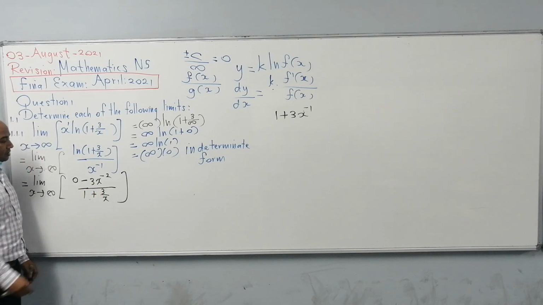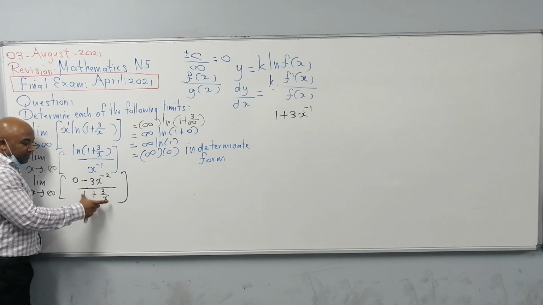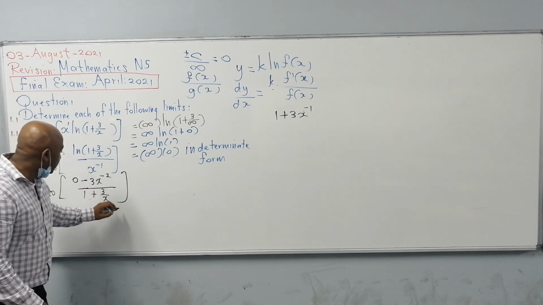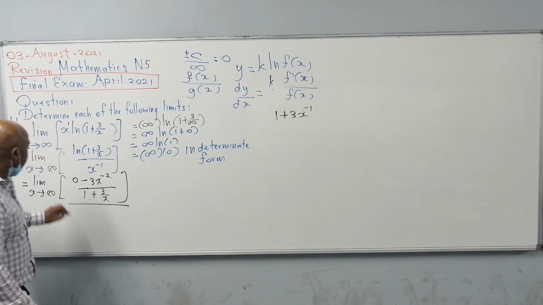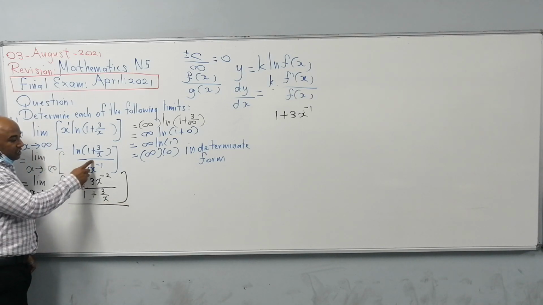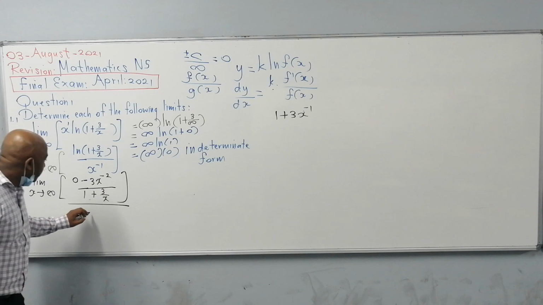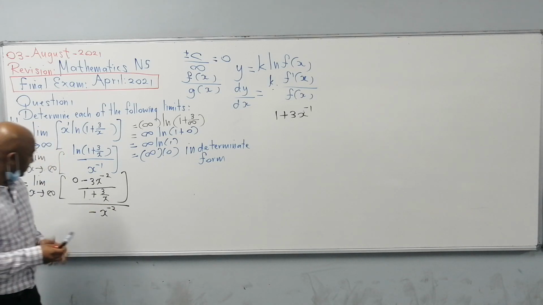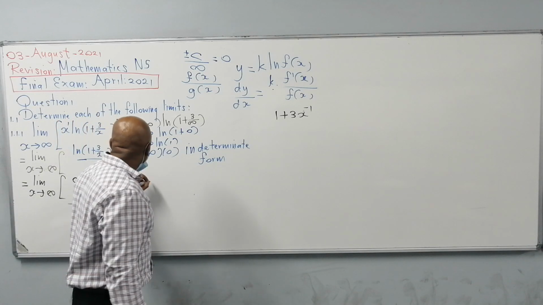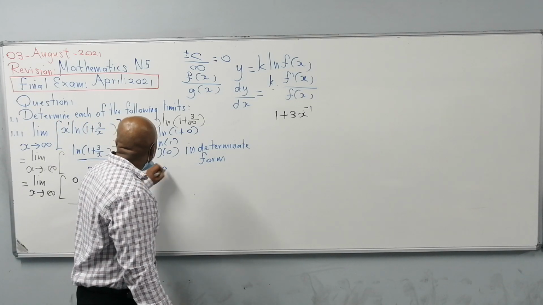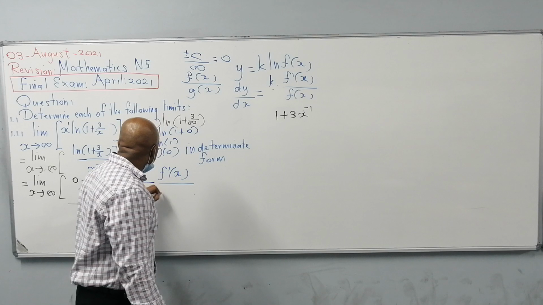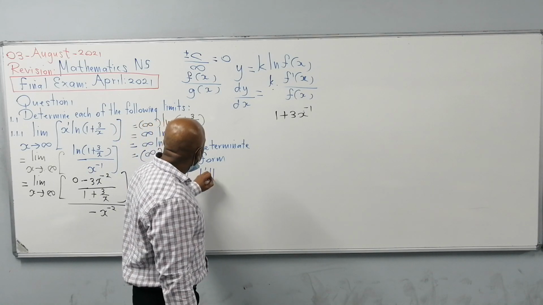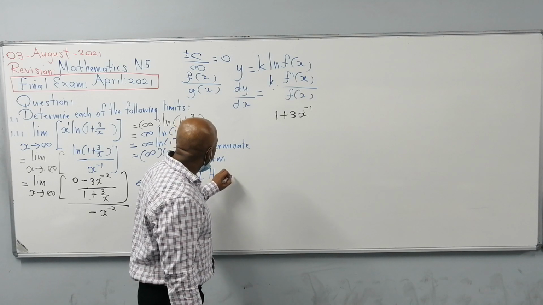So now it is f prime x divided by f of x, differentiating the numerator, all divided by the derivative of the denominator, which is minus x to the power minus 2. So what did we do here? We found the first derivative of the numerator and the first derivative of the denominator, and this is the rule that we use.